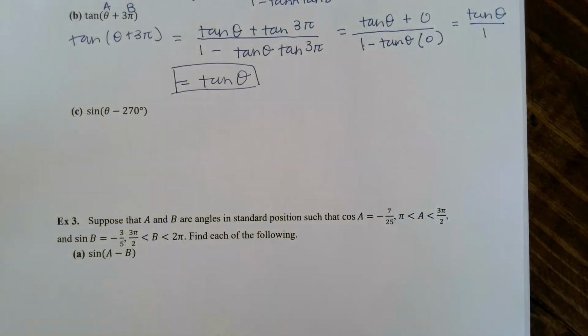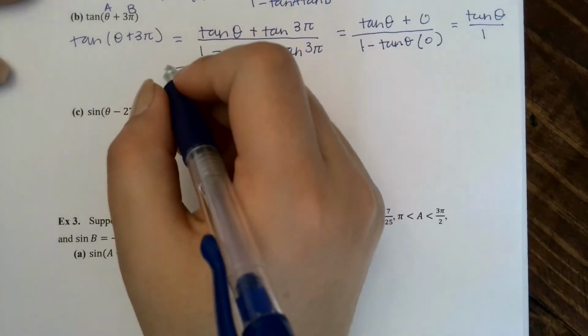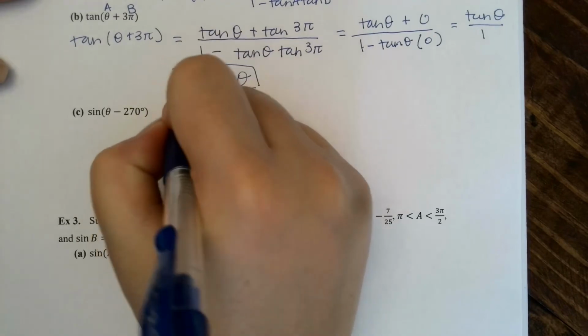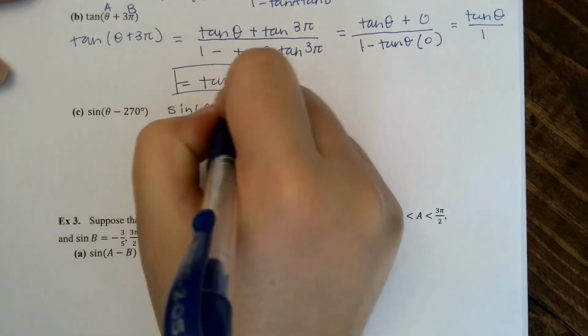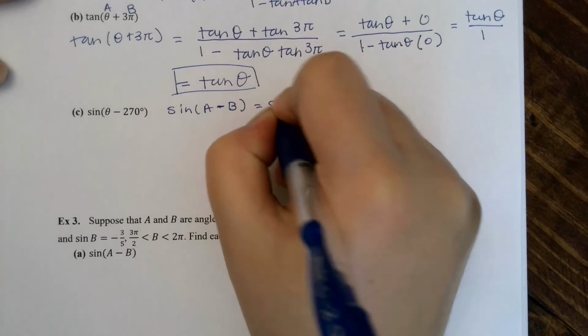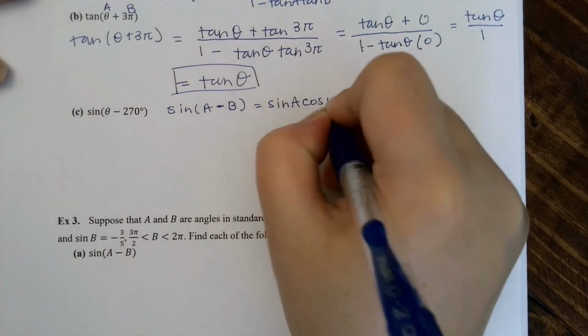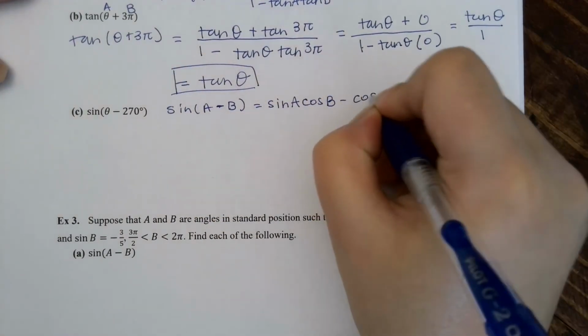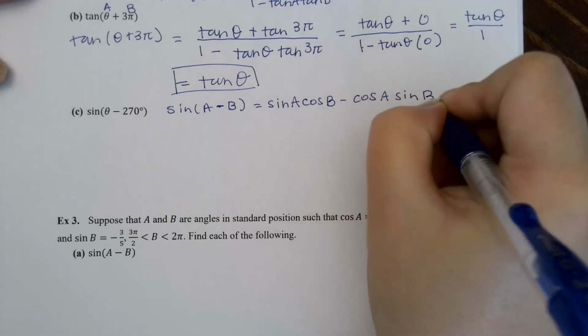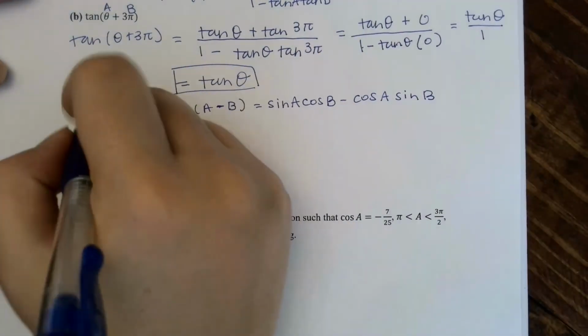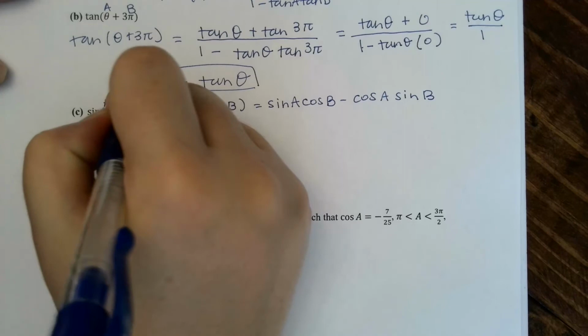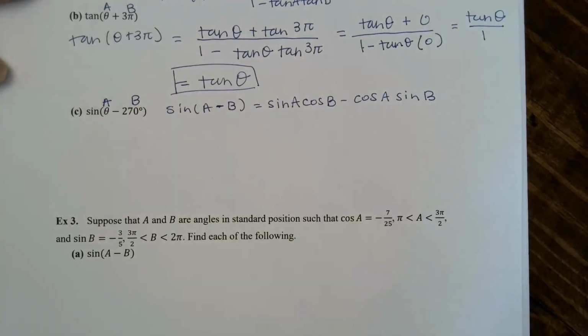Alright, so for C we have sine of theta minus 270 degrees. So this is going to be the difference identity for sine. So sine of A minus B is equal to sine A cosine B minus cosine A sine B. Okay, so here A is theta and B is 270 degrees.